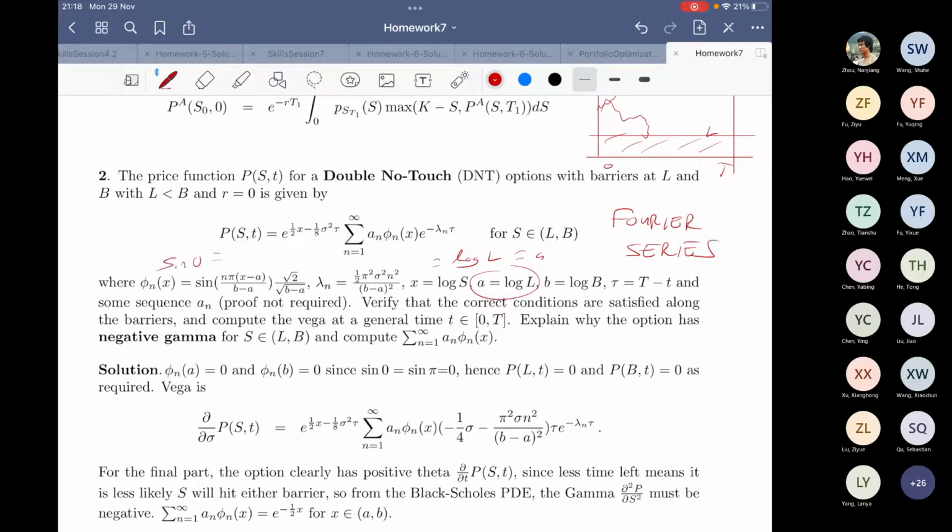So we do indeed see that every term in this series, although the series might look funky, every term phi n of a is 0, and a corresponds to an S value of L. And it's similar for phi n of b, which corresponds to a stock price value of capital B.